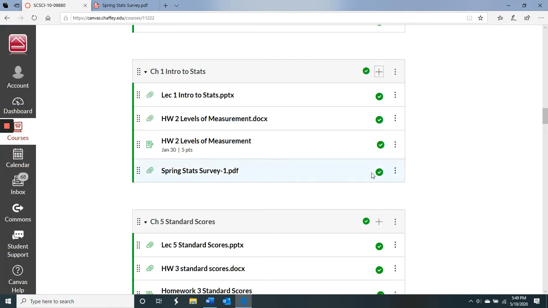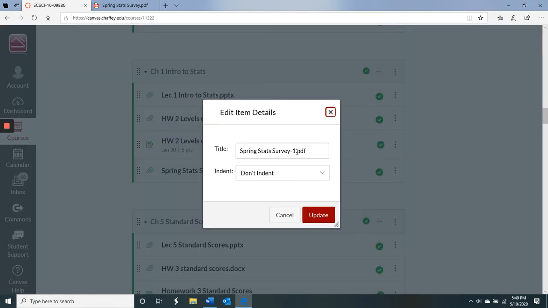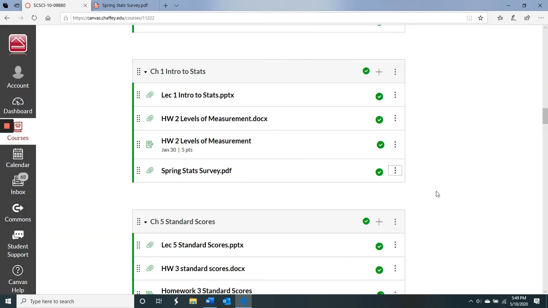And so I put it right here also. And I'm just going to edit that. And so it's right there, right underneath the homework also. It is in chapter 2 still, but I just thought I'd put it there just to make it easier.